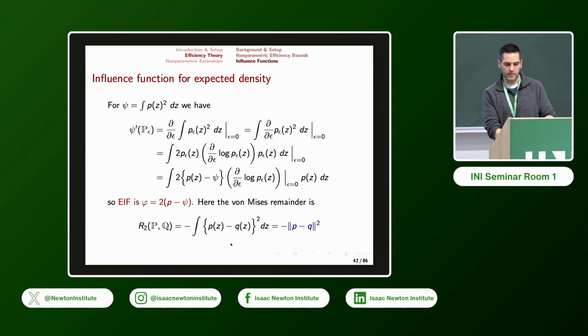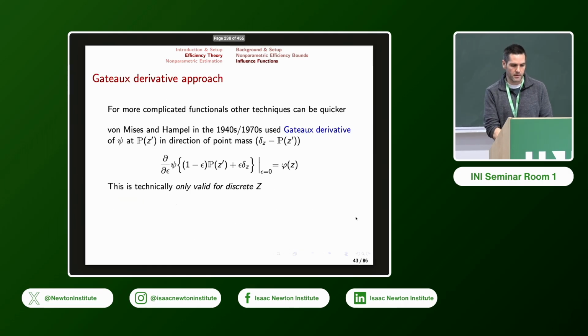So this shows you what I mean by this remainder being second order. In this case, it's a squared difference between distributions. Okay, so for this expected density example, you don't need any of these tricks. It's extremely simple. You can do it in 3 lines just solving this integral equation. But for more complicated parameters, it becomes a pain.